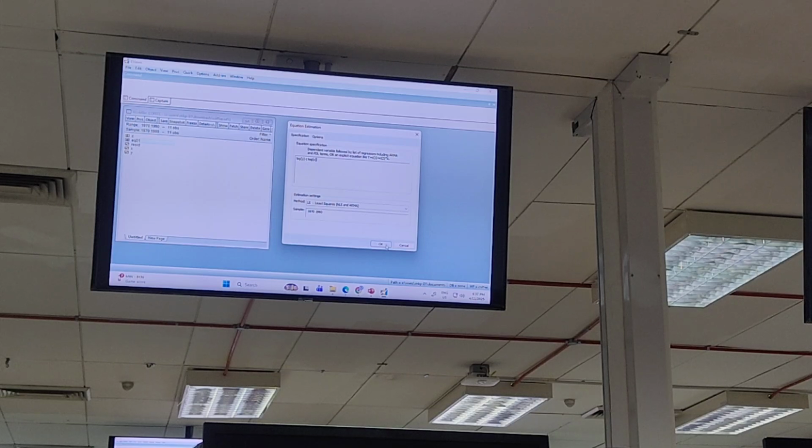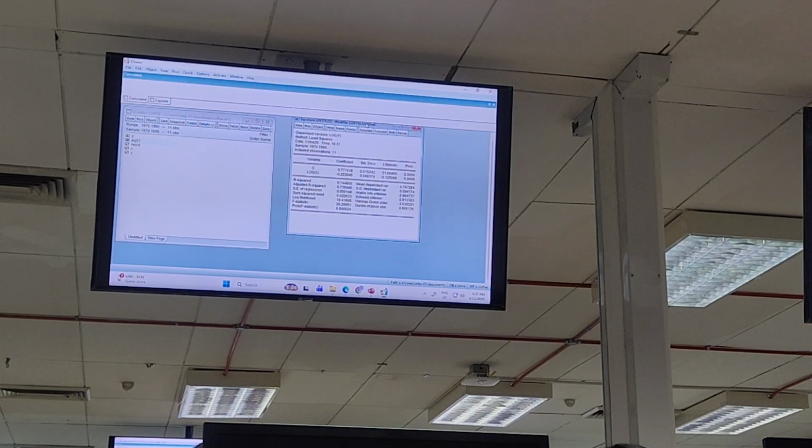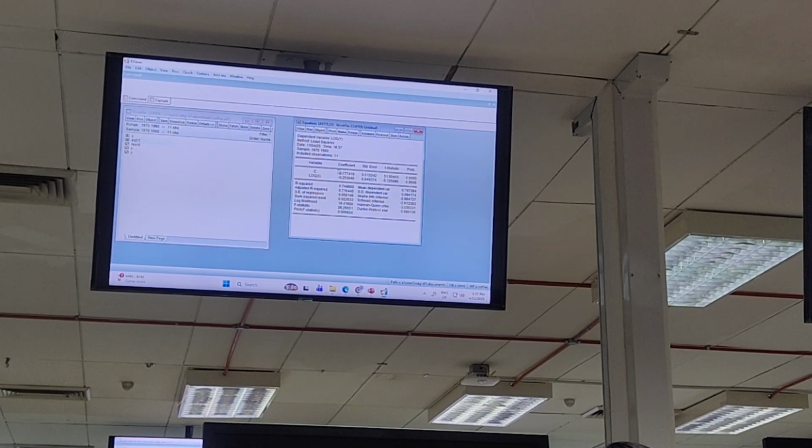Okay, so this is your estimate using the double log model. This is what we call the double log model, when we transform all variables using log transformation. So all variables, y as well as x, then that's what we call the double log model.